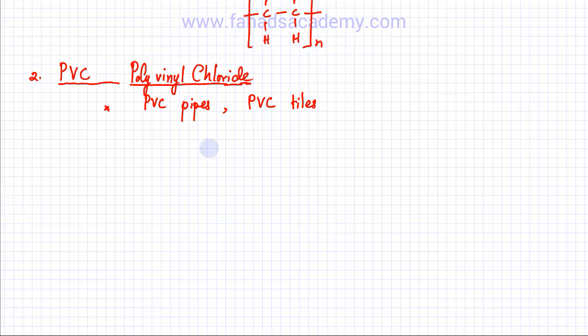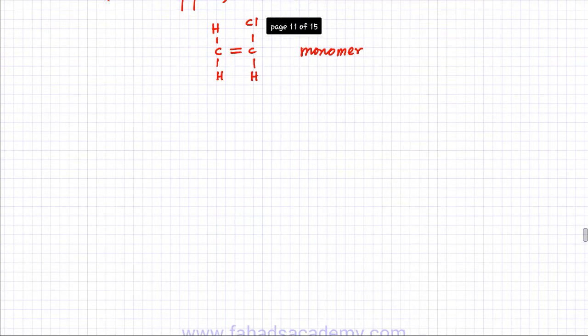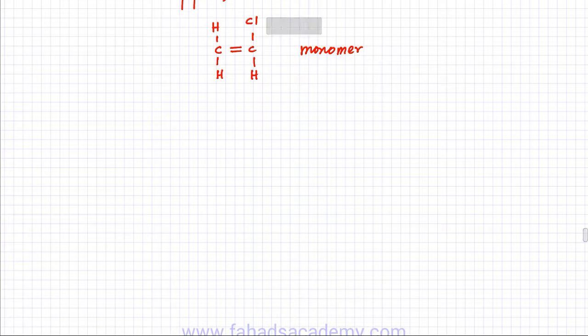And what's a PVC polymer? It's made from this particular monomer. It looks exactly like ethene, except one of the hydrogens has been substituted by a chlorine. So this is the monomer that makes a PVC. And if you want to know the structure of a PVC polymer, that would look something like this.